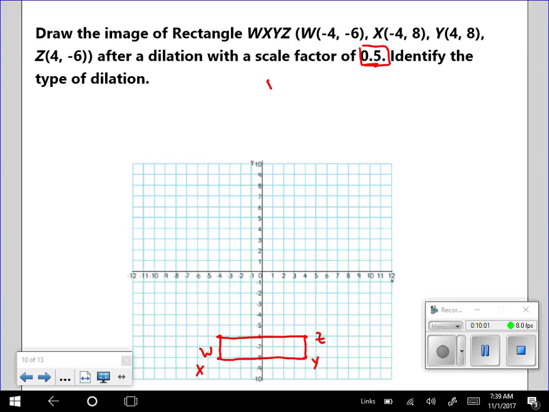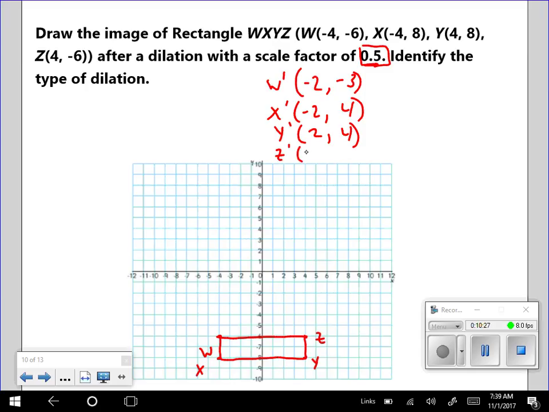So W prime, okay, is going to be, well, half of 4 is 2. Half of 6 is 3. Okay, again, half of 4 is 2. Half of 8 is 4. Half of 4 is 2. Half of 8 is 4.